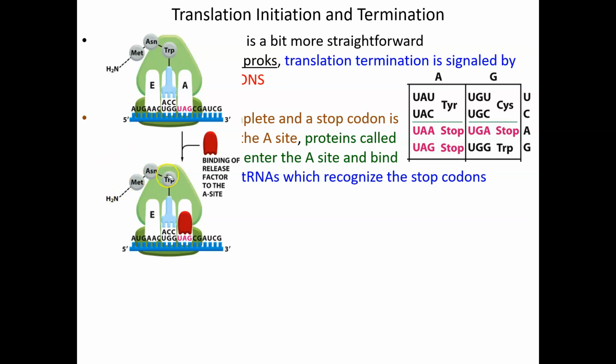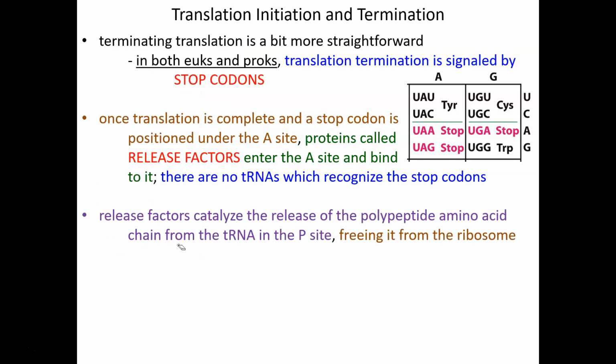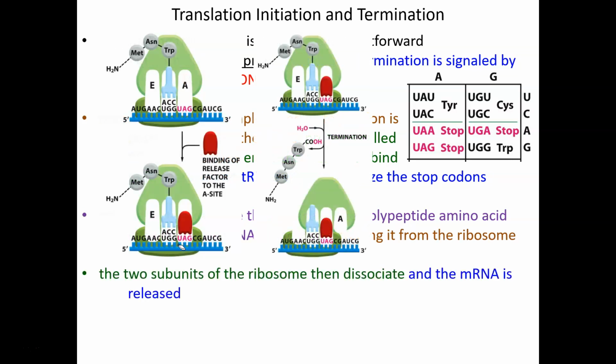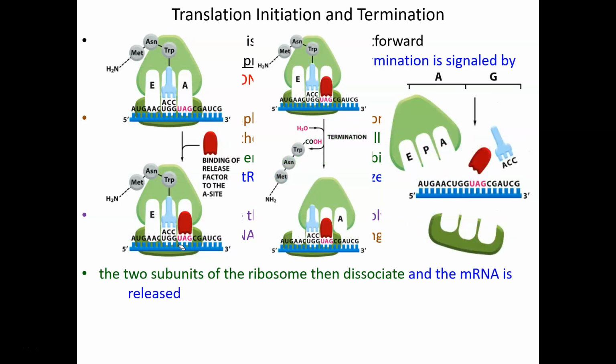That frees the peptide chain, so it floats away, can now fold into its 3-dimensional shape and take on whatever job the cell needed from it. And that dissociates the ribosome, because the ribosome destabilizes once the peptide is released, and the ribosome is now free to recycle and go off and repeat translation at some other gene.